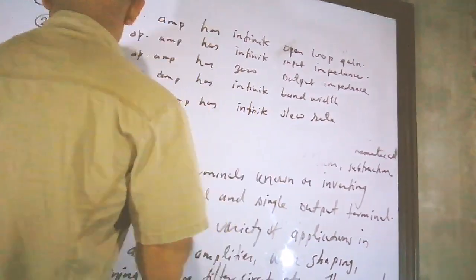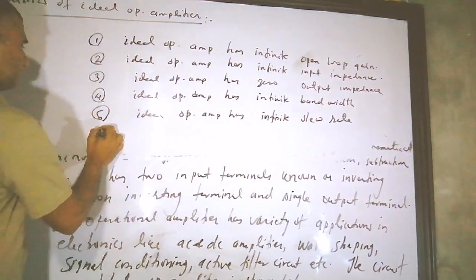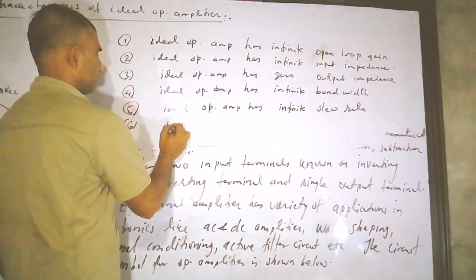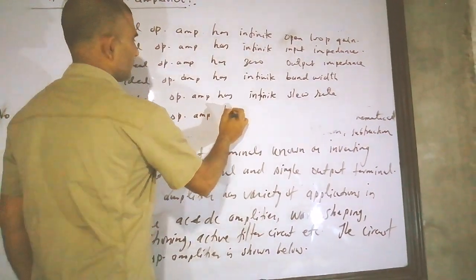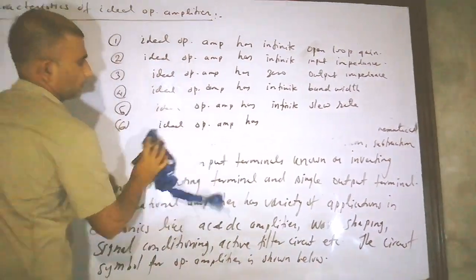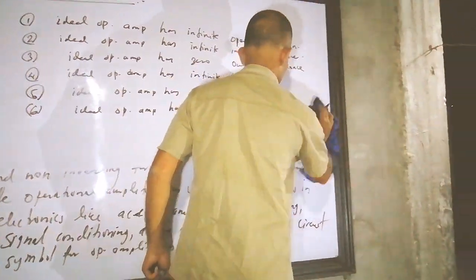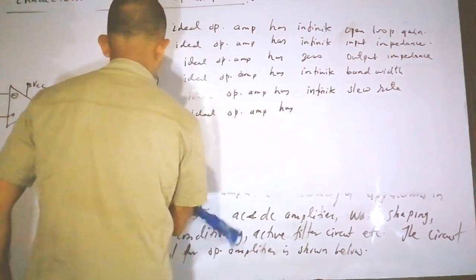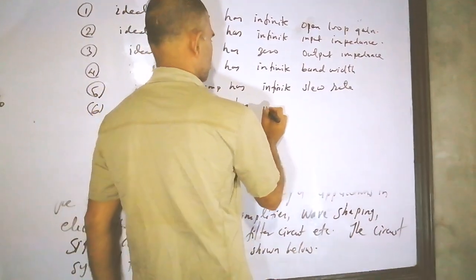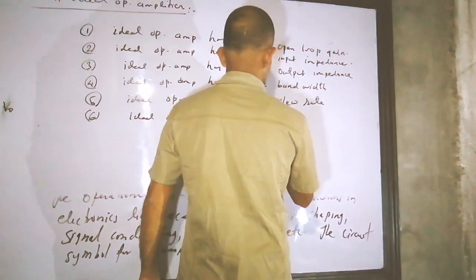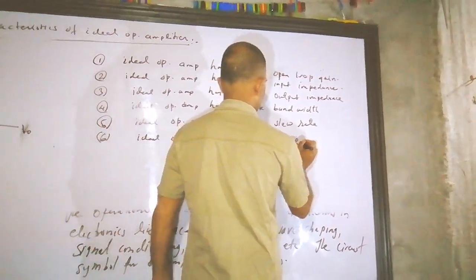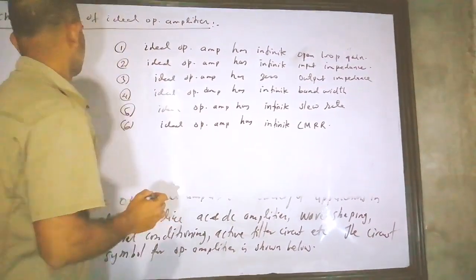Slew rate, point number 6. The ideal operational amplifier has infinite CMRR, common mode rejection ratio.